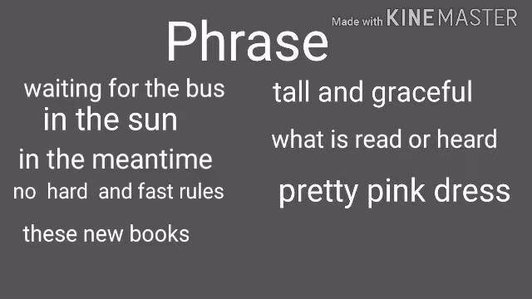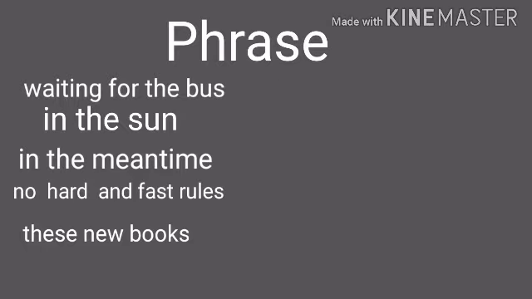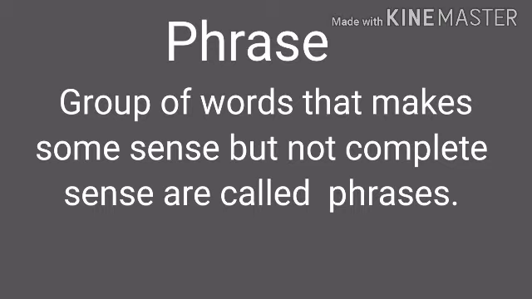However, they do not have a subject or a main verb. So they are called phrases. Who can tell me what you mean by a phrase? Yes, very good. The groups of words that make some sense but not complete sense are called phrases.